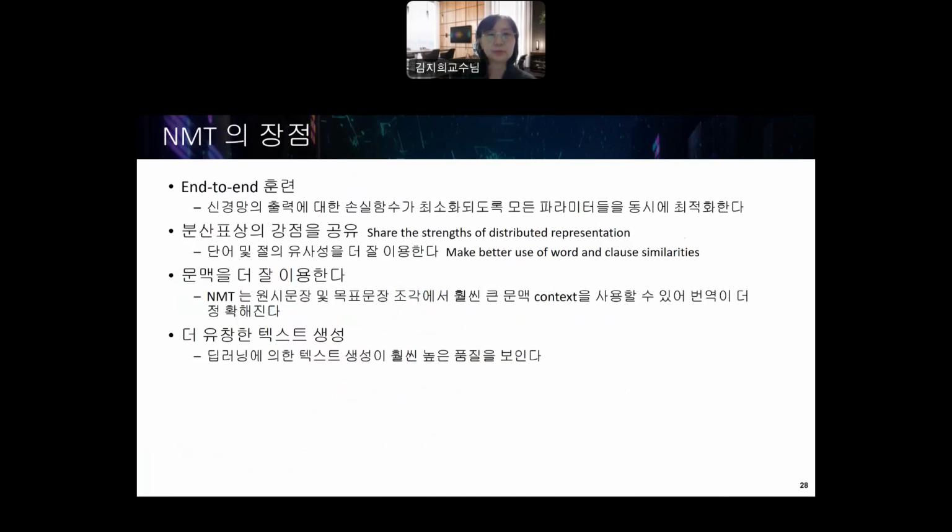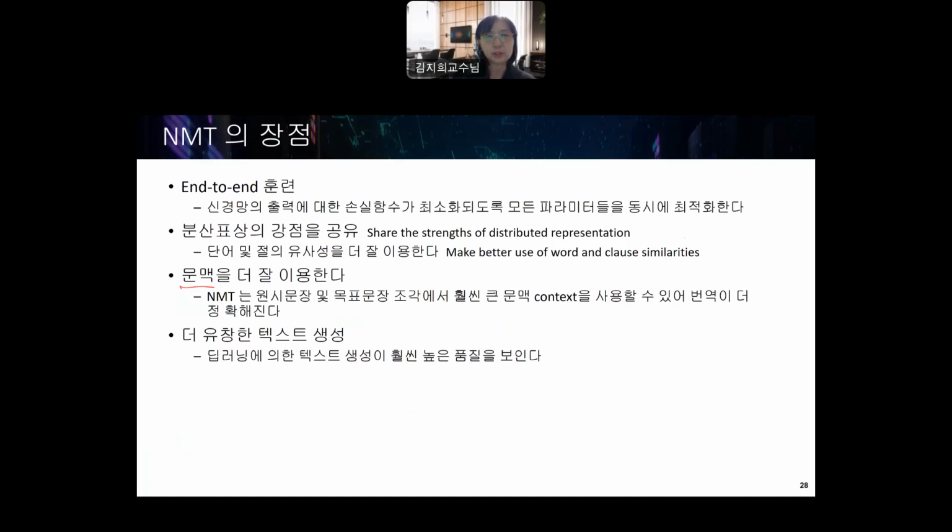And since it uses this neural representation, it has the strengths of distributed representation. Words that are similar in meaning can be exploited better in this case. It also uses context better. By using neural machine translation, you can look at the history, meaning the previous word, the previous word, and so on.